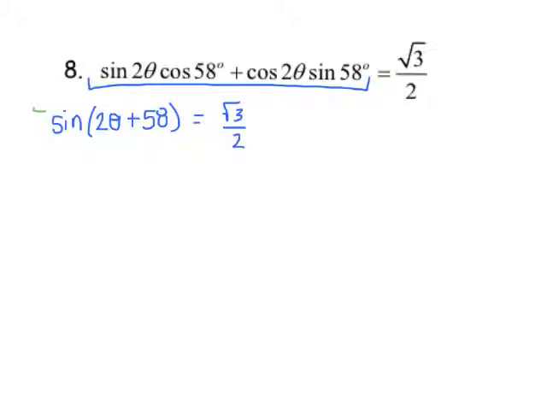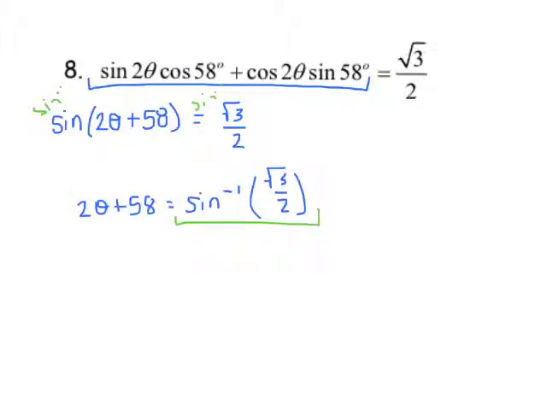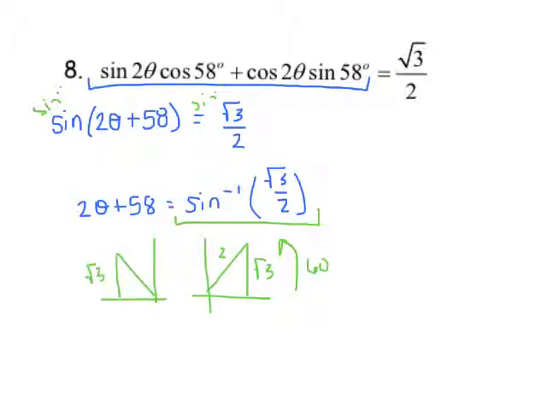So from here, I can take sine inverse of both sides. So now I have 2 theta plus 58 equals sine inverse root 3 over 2. So this, I know how to solve and get two answers. I have 60 degrees as an answer, and 120 degrees as an answer.